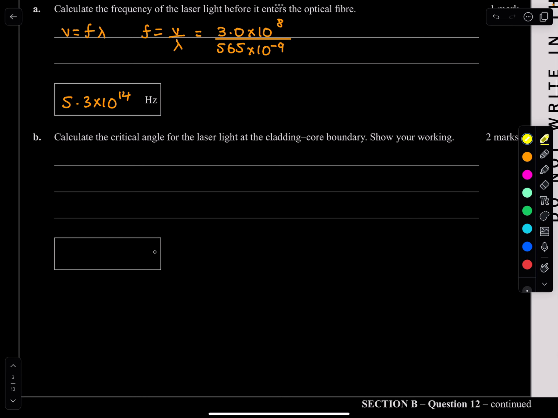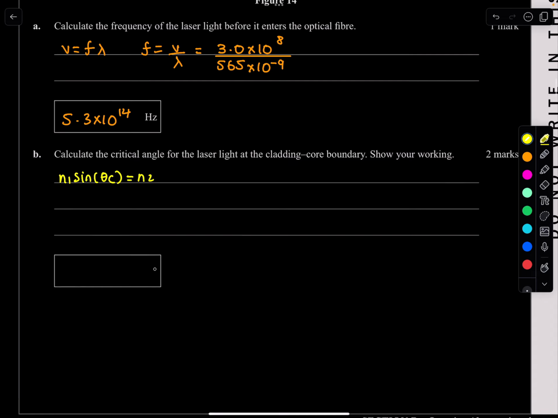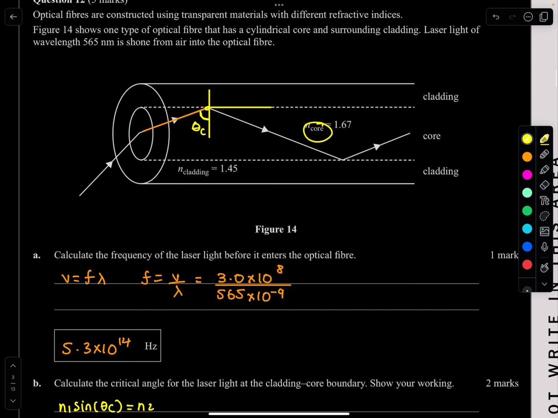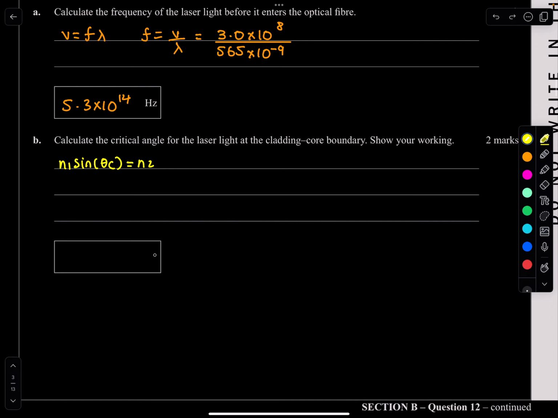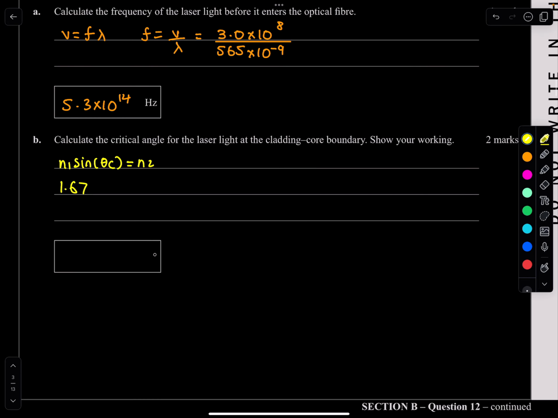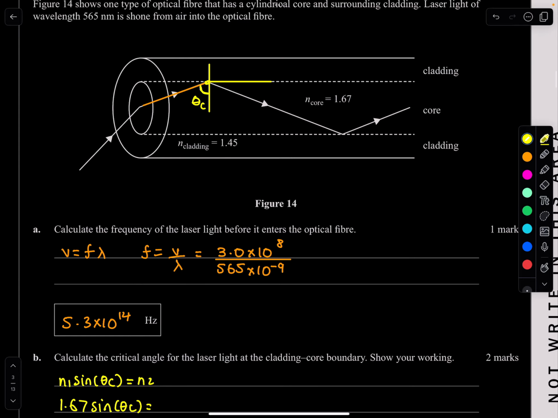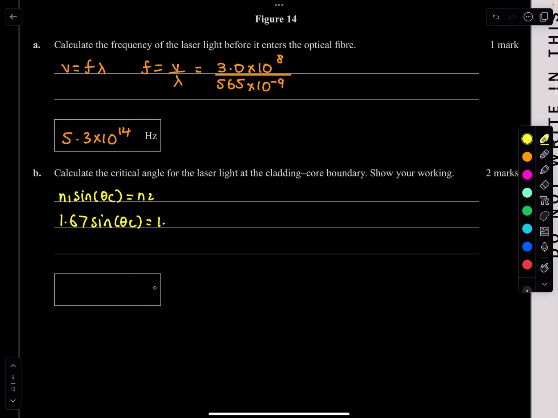We know the formula for critical angle. So N1 sine theta C is equal to N2. Where are we going from? Well, we're going from the core to the cladding. So N1 is going to be your core, 1.67, is that right? Sine theta C is equal to N2, which is your cladding, which is 1.45.